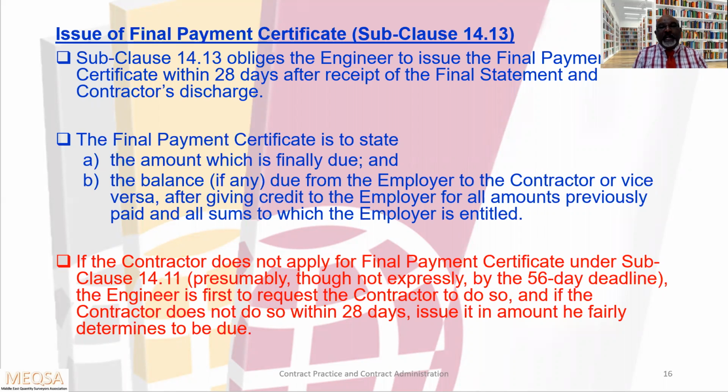The final payment certificate is to state the amount which is finally due and the balance, if any, due from the employer to the contractor or vice versa. Maybe the contractor has to pay something to the employer, like the advance recovery, or let's say some material supplied by the employer, vice versa. In any case, after giving credit to the employer for all amounts previously paid and all sums to which the employer is entitled.